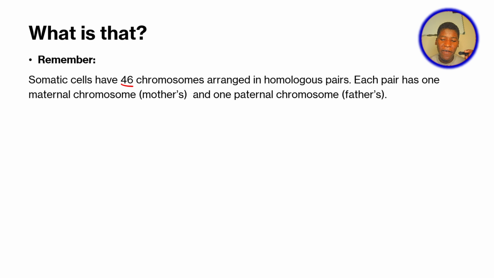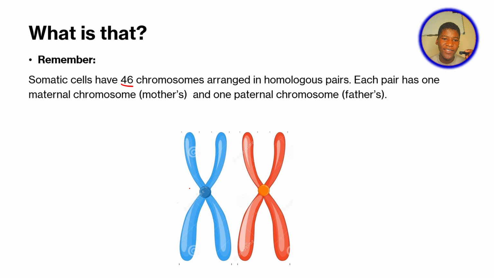So let's assume the blue one is from the mother, the red one is from the father. Since we've got 23 pairs of chromosomes, each and every pair has one chromosome from the father and one from the mother, and we display that using a karyotype.